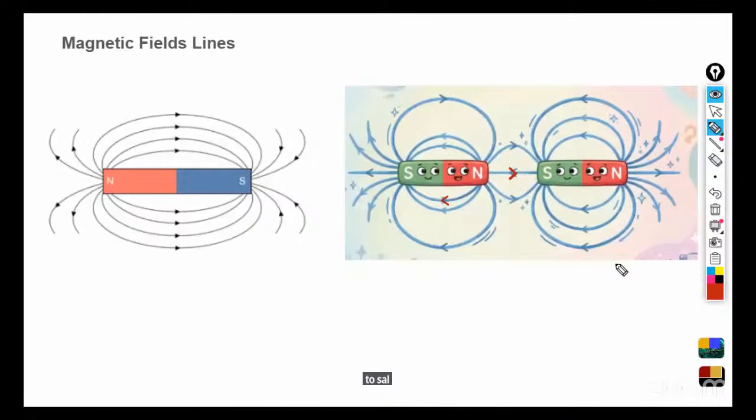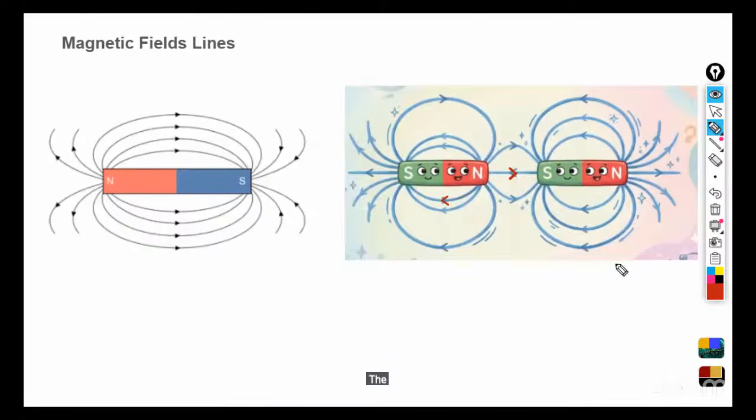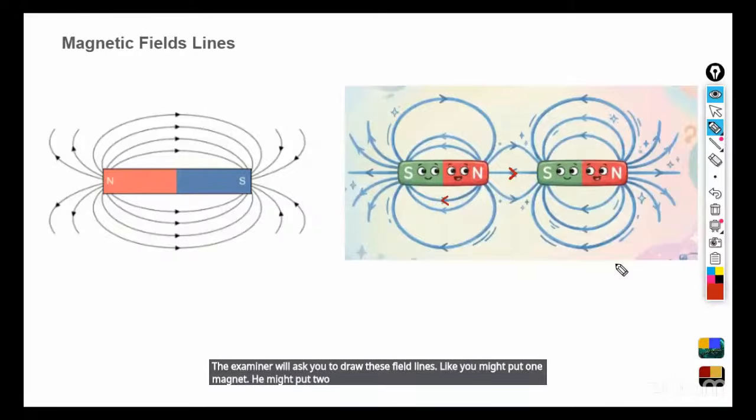In the exam, when it's time for your term test or your CXC exam, the examiner will ask you to draw these field lines. He might put one magnet, he might put two magnets, okay? There are plenty of different combinations. I'm not going to do all of them today, to bore you. We can do that when we almost finish the topic.